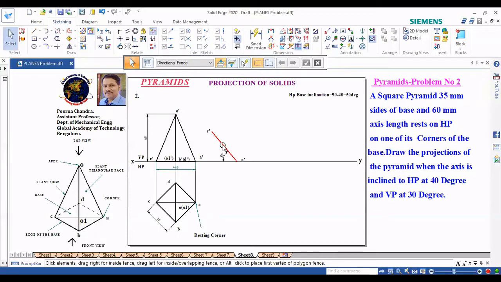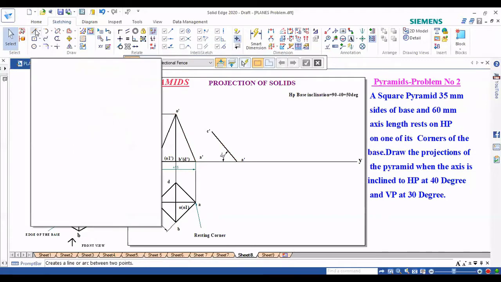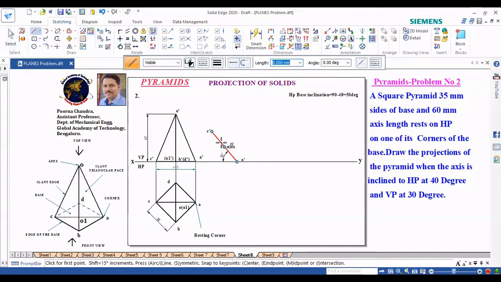So what you can do, you can draw perpendicular line, you can take midpoint of this and you can draw perpendicular line and you can join. Or else what you can do, you can measure this length and you can cut arc. You can measure A dash, O dash from here while constructing. You can cut arc from here and here. That's one method. Or one more method is from the midpoint of this, you can draw 90 degree line for length of 60.